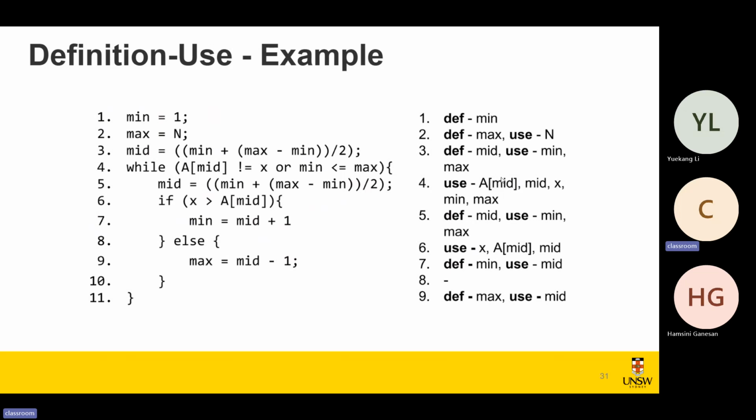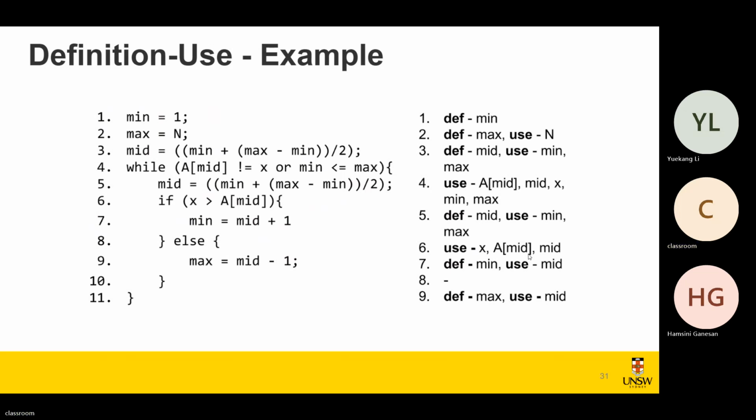For example, from line 3 to 4, there is a def-use pair for mid, because in line 3 mid is defined, and in line 4 it is used. However, we can't say there is a def-use pair between line 3 and line 6 for mid. That is because it is not definition-clear from 3 to 6, since mid is redefined in between.